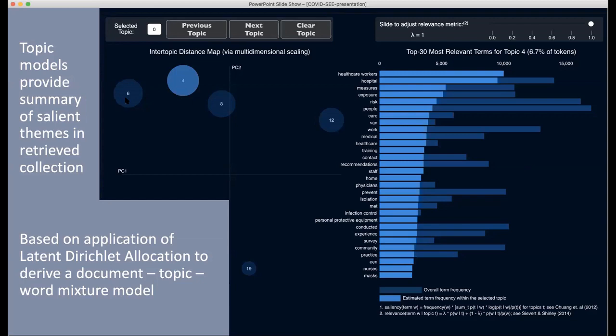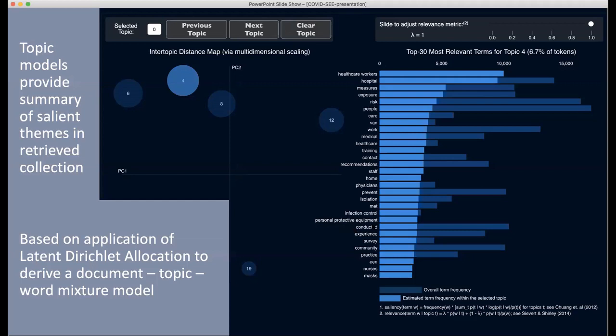And what we do is we pre-process that, and then for the particular set of results from the search in the active collection, we show which topics are represented in that particular subset of the literature. And again, this is interactive, and you can see by clicking on any one of these topics which particular terms or concepts are captured there.